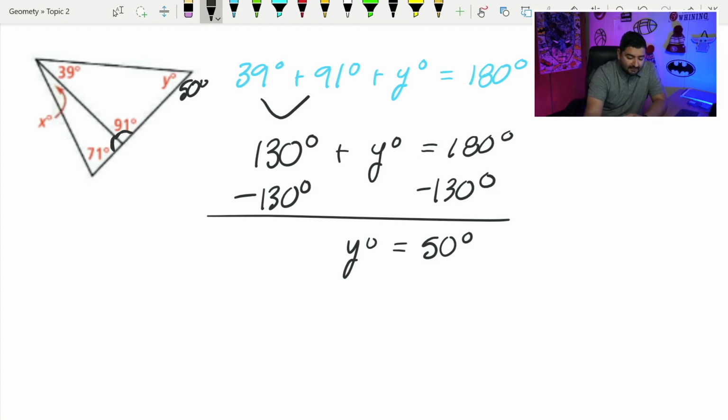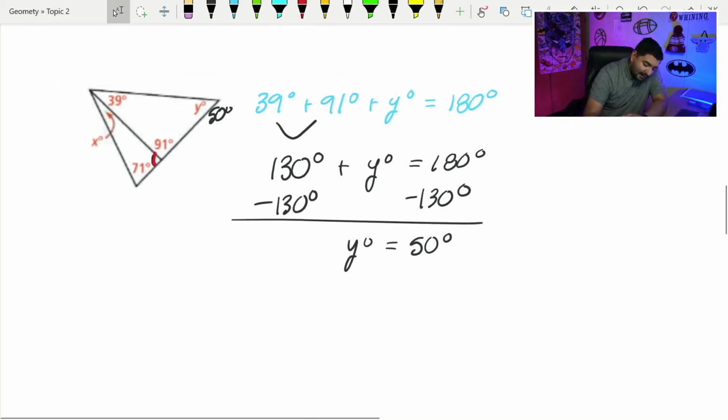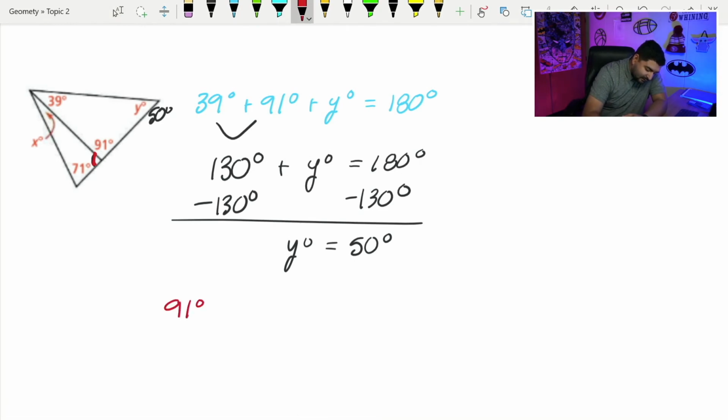So I'm going to use that to help me find this angle here in red. So I know that 91 degrees plus, what can we call that value?